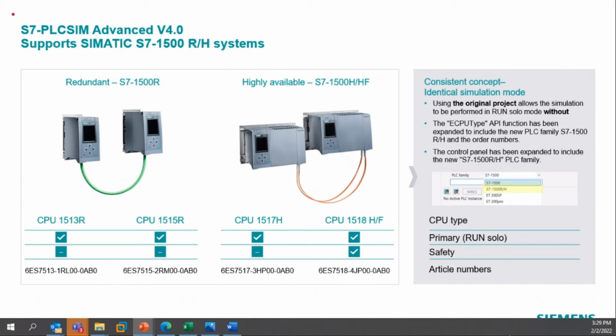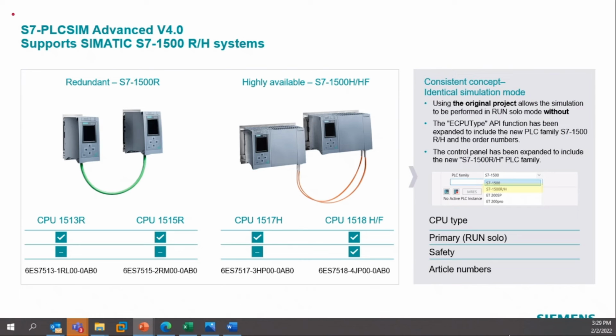Like one of the new features, as you know already, is that the new 1500 CPUs are also added with TIA version 17, as I already mentioned. But one feature was not there previously with version 16 until version 3.0 of PLCsim Advanced: the 1500 H CPUs were not supported.